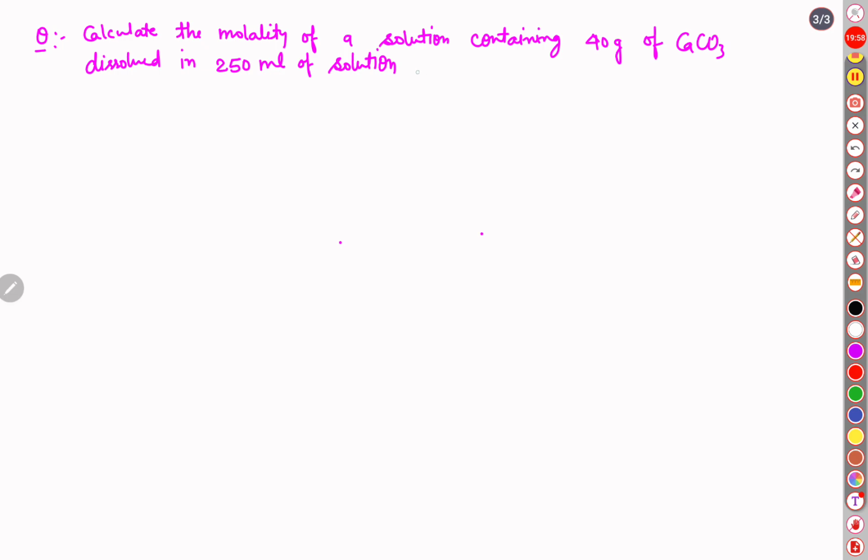Density is also given. Density is equal to 2 gram per ml. Okay, this question is for you, my dear students. You have to solve and write the answer in the comment box.